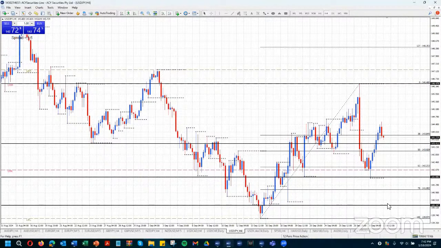See what happens at 140.24, because we could well come back down to this zone this month and get support. And if we once more find support down here and come back up again, that'll be the second time we've struggled down there from a monthly basis. And that could be a precursor to it having a clear move back up, especially if we get US dollar strength coming in.